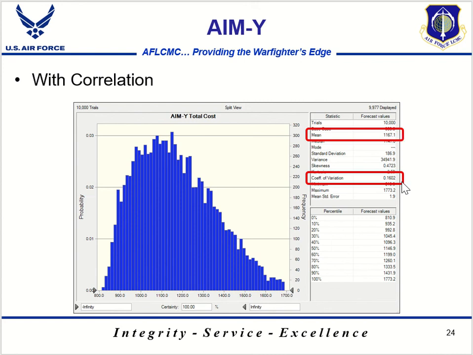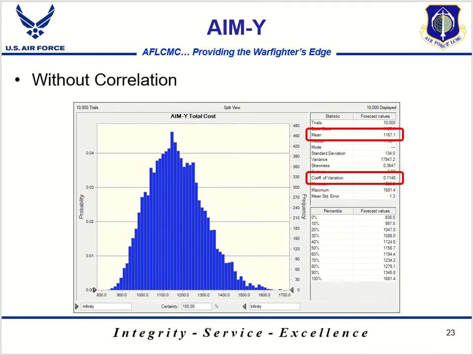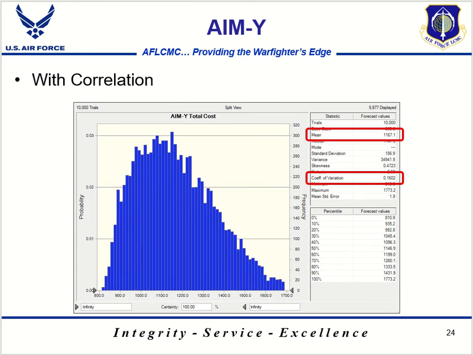But you can see that the coefficient of variation has changed. If we look at the coefficient of variation on the previous slide, you can see that it's lower than it is when we have correlation between elements. So I'll jump between these two slides again so you can see what I mean. So correlation increases the variance in the distribution.